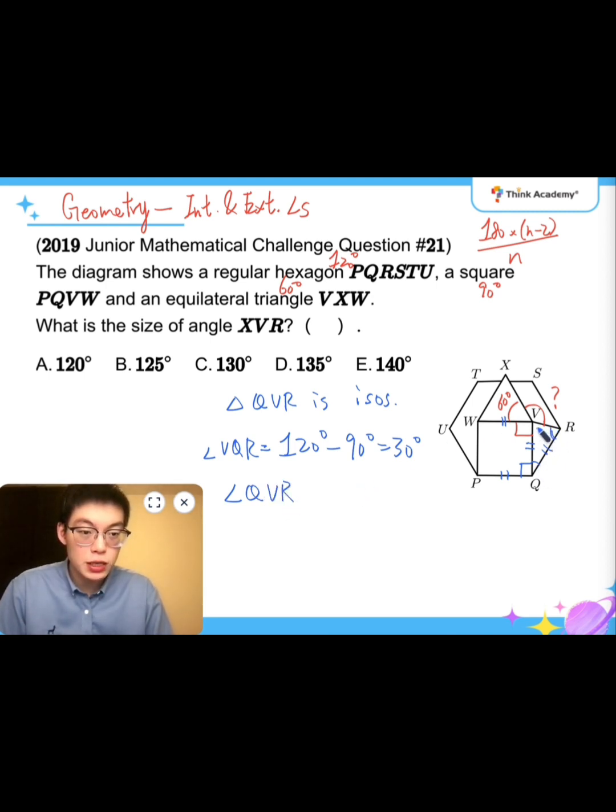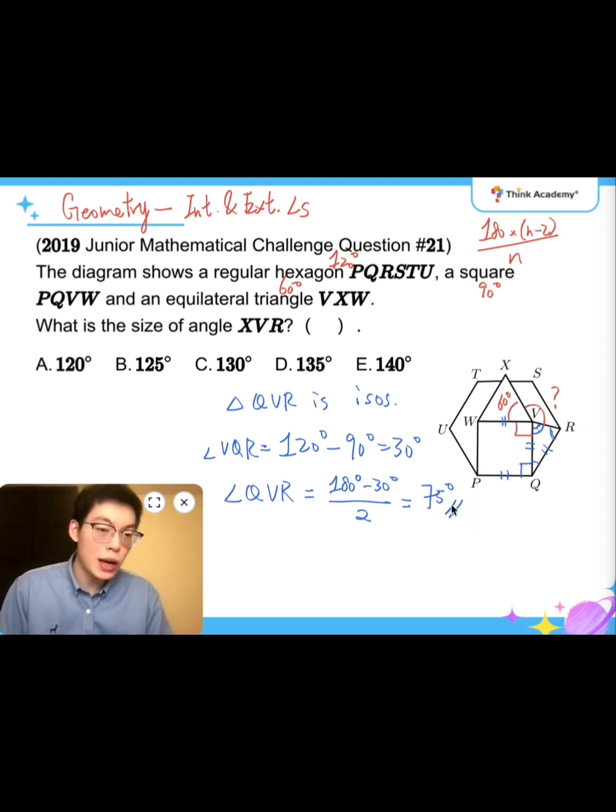So QVR is equal to QRV because they are both the base angles of an isosceles triangle, so they should be the same. So angle QVR is going to be 180 degrees, which is the interior angle sum of triangles, take away the top angle 30 degrees, and then you divide it by 2. So you get 75 degrees for angle QVR.